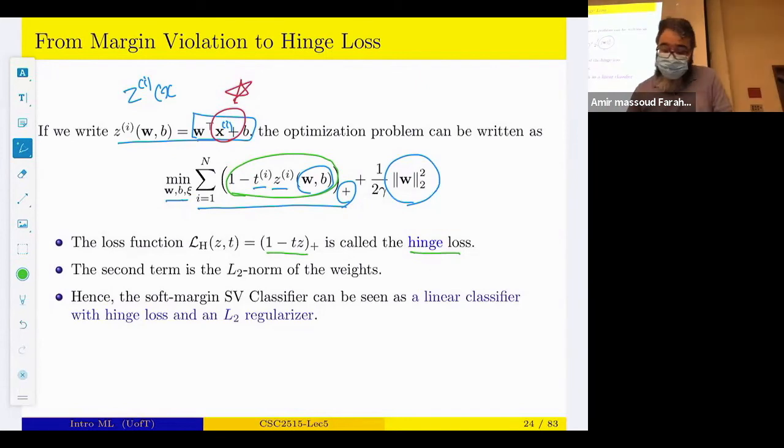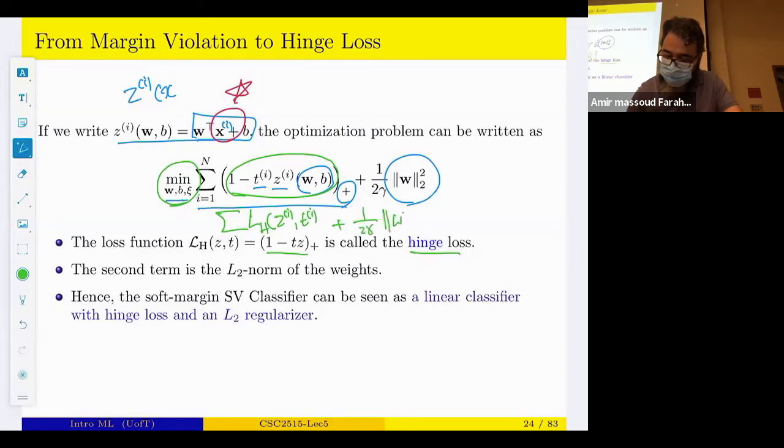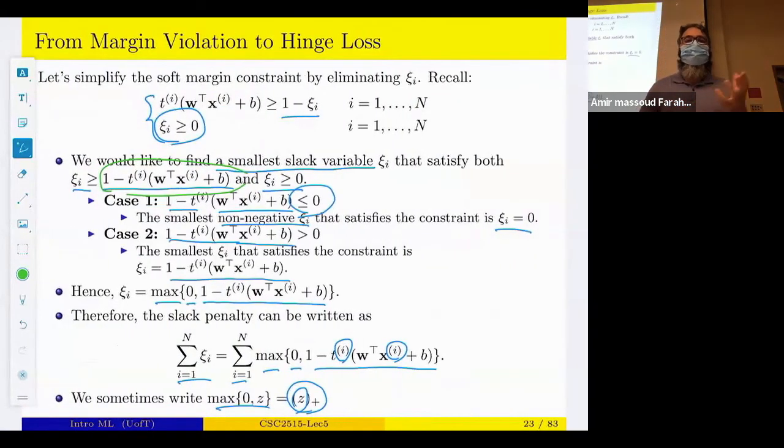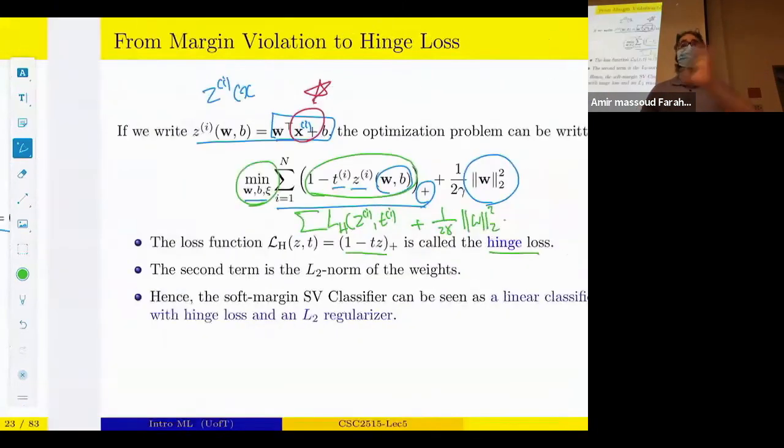And if we see it that way, then we see that what we are solving is finding W's such that the summation of some loss functions, say of z_i and t_i, plus some regularizer is minimized. So we started from margins and maximizing the margin, and then softened it and said that sometimes it's okay to violate it. If we do that, after doing this kind of argument in the previous page, we could convert that margin to some loss function.